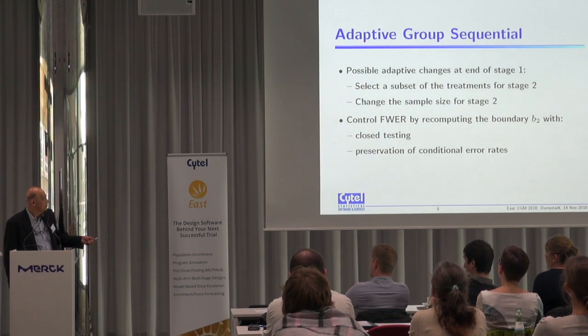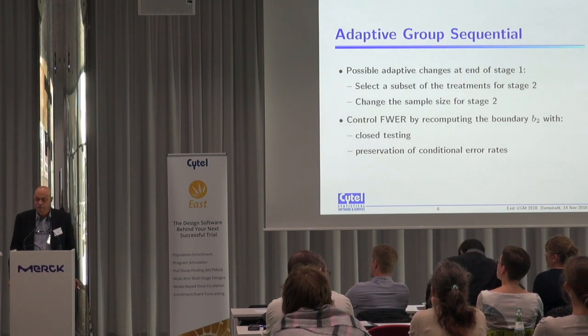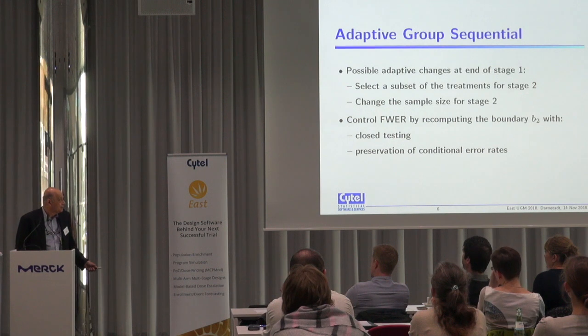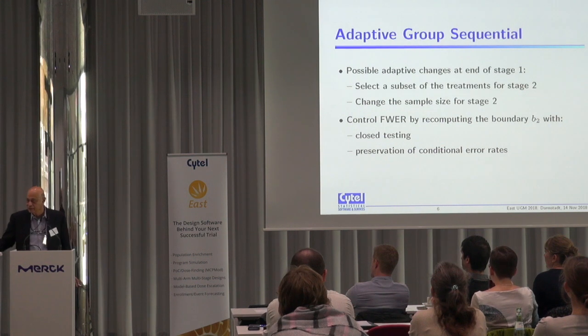And now once you do these types of adaptations, you have to adjust the boundaries because now the type 1 error will no longer be preserved. And so to control the family-wise error rate, you'll have to recompute that second stage boundary. First stage boundary, there was no issue. You just stop the trial if you cross the boundary.